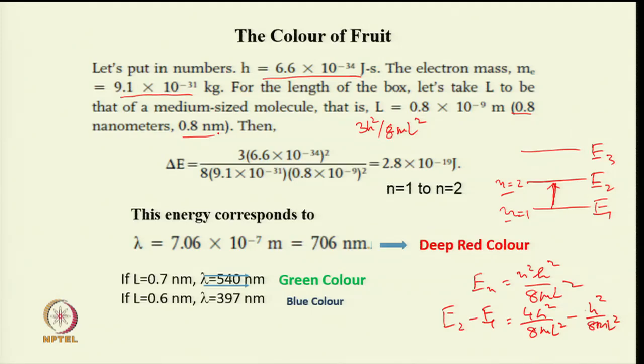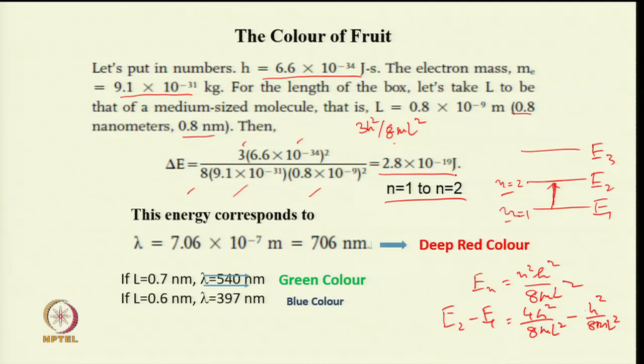Now, we want to calculate the value of delta E and the corresponding lambda. Delta E is 3 h square by 8 m L square, where m is the mass of electron and L is the length, 0.8 nanometer, for the transition from n is equal to 1 to n is equal to 2.